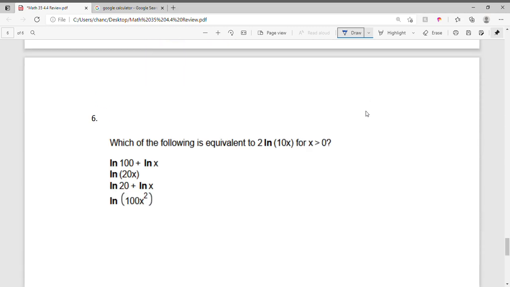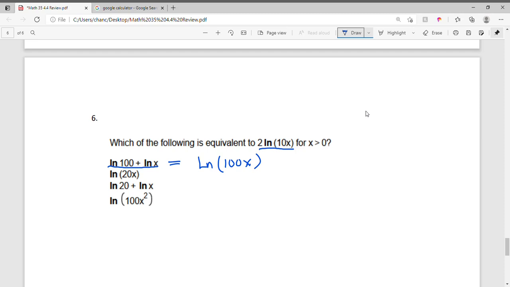In question 6, which of the following is equivalent to 2 natural log of 10x, where x is greater than 0? For the first expression, I can use the product rule. This is equivalent to the natural log of 100x. Now, it doesn't look like our expression 2 natural log of 10x, so let's keep going.